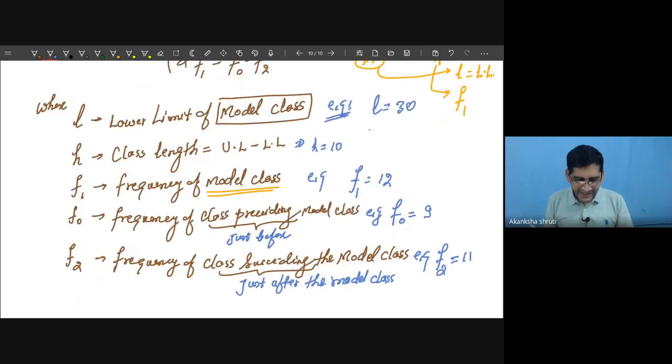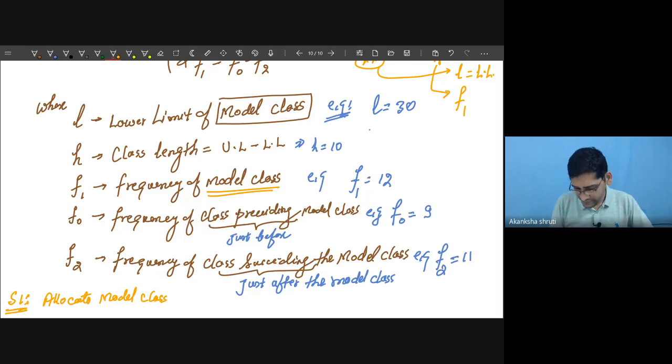So student, what is the step? The very first, important step, or you may write the single step, is: step 1, allocate the modal class.